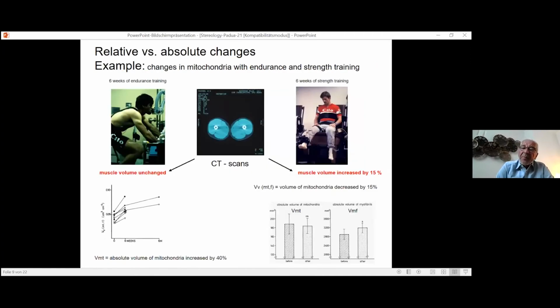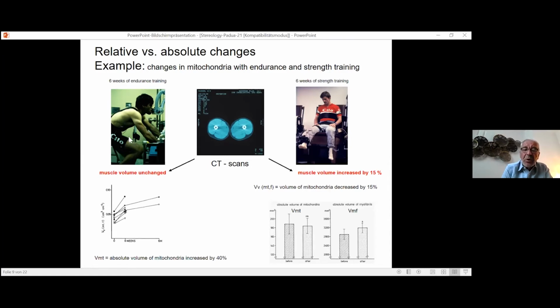There is a problem with these relative versus absolute changes that I think is important to realize. You can do endurance exercise and you can do strength training. We have heard a lot about that over the last 2 days.